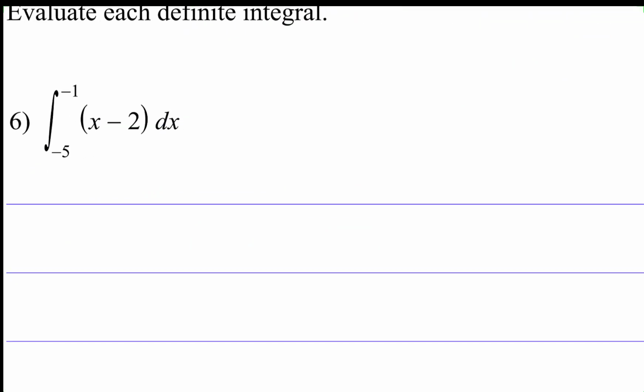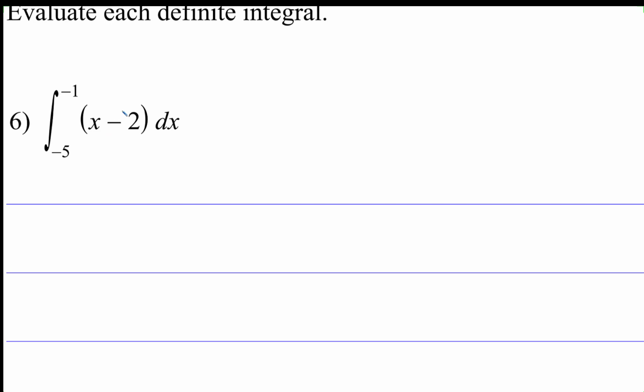Okay, now we are evaluating a definite integral. When you evaluate a definite integral, there are two ways we can do this. We can see it as one function with separate parts, or we can use integration laws.